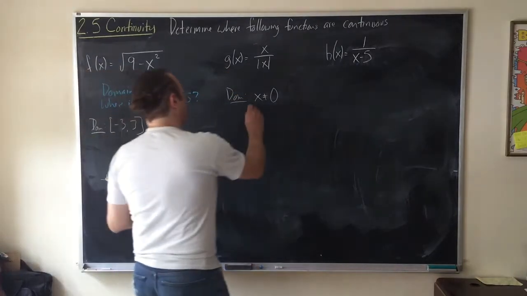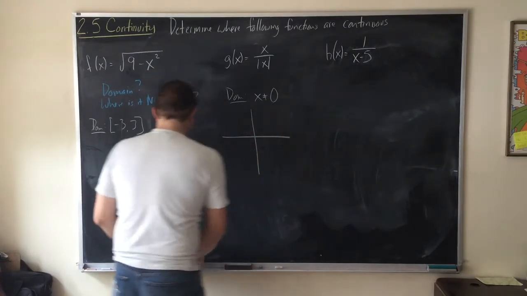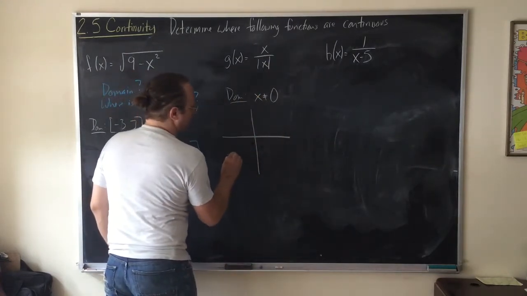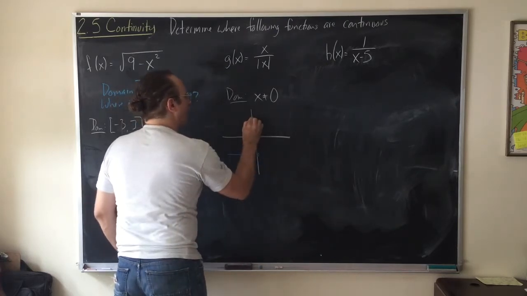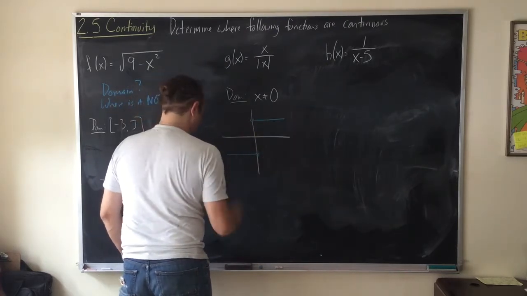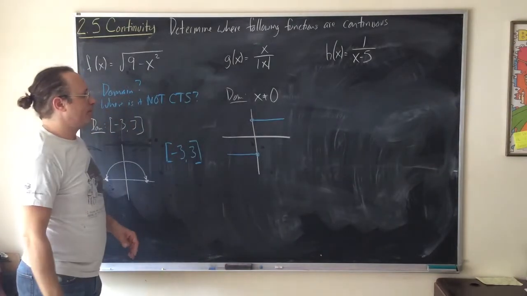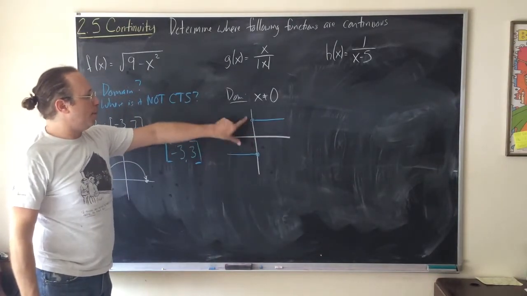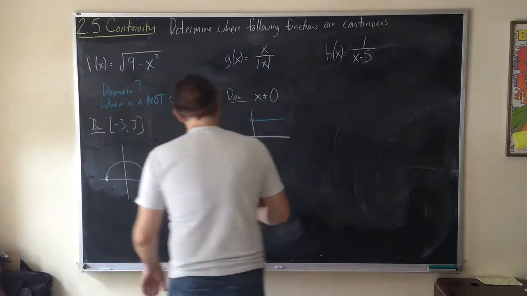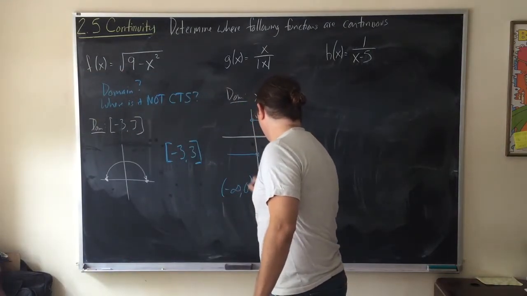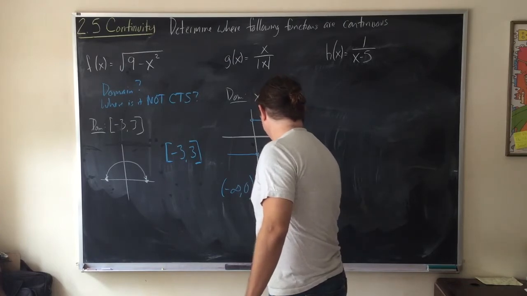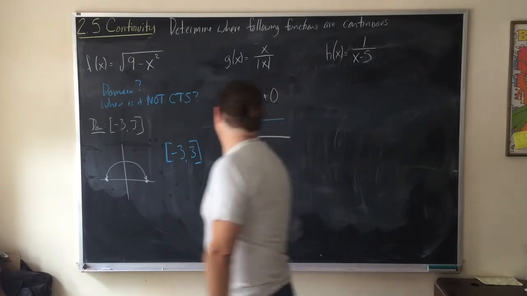But besides the point 0, as we determined last time, this function is just equal to -1 if x is negative and +1 if x is positive. So the only place it doesn't jump is here at 0. So we'll say that this guy is continuous from -infinity to 0 and then from 0 to infinity.